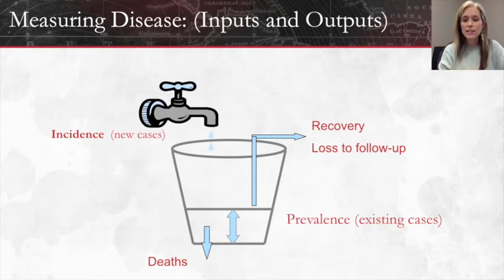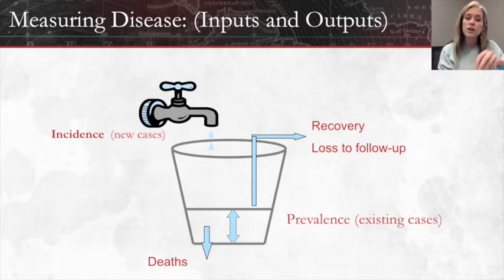So looking at it this way, the water level, again, is the whole body of people who are existing cases. And the duration can end either in death or recovery, so deaths would be down the drain, or recovery could be splashes out the top.